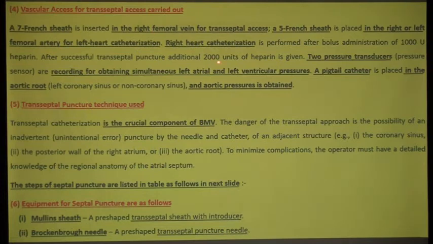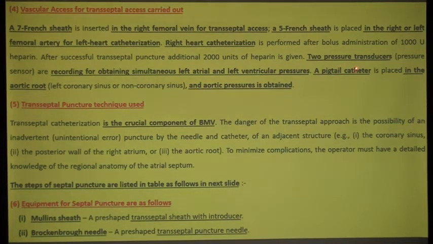Right heart catheterization is performed under bolus administration of 1000 units of heparin. After successful transseptal puncture, an additional 2000 units of heparin is given. Two pressure transducers, that is pressure sensors, are used for obtaining simultaneous left atrial and left ventricular pressures.